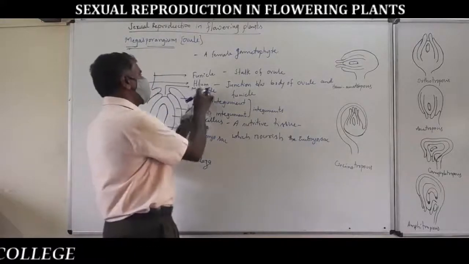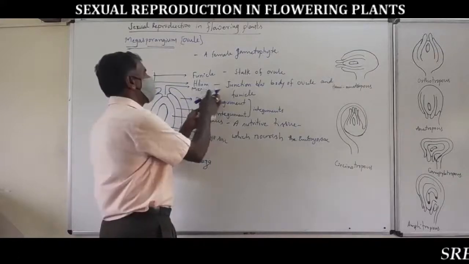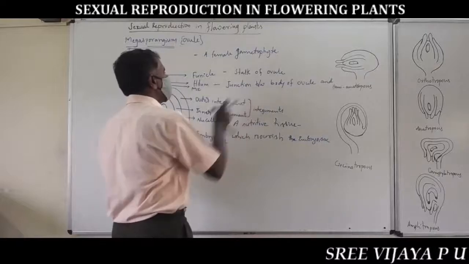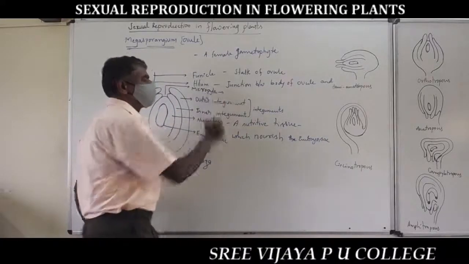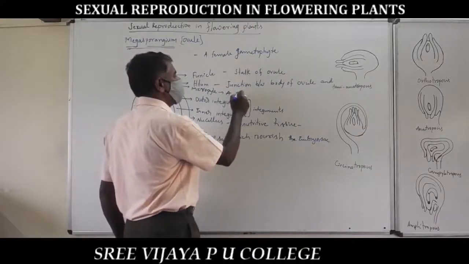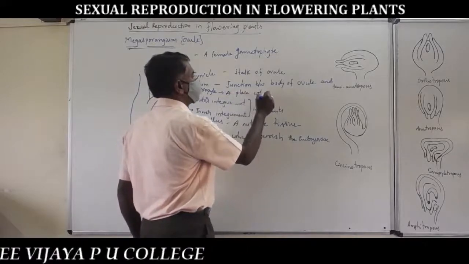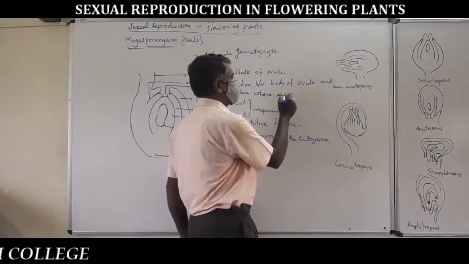So the micropyle is nothing but a place or a point where there is absence of integuments.